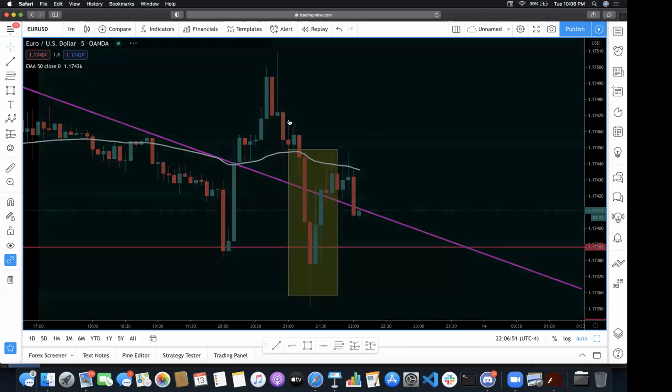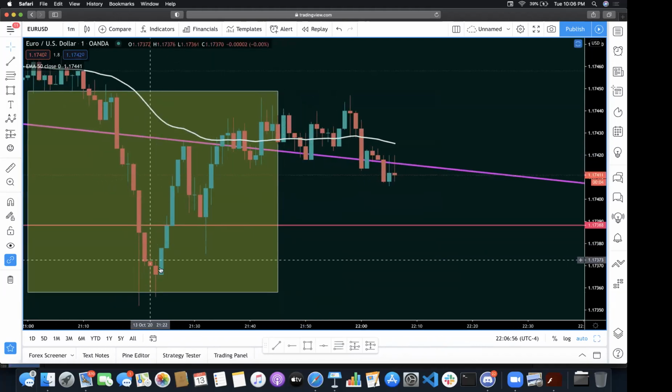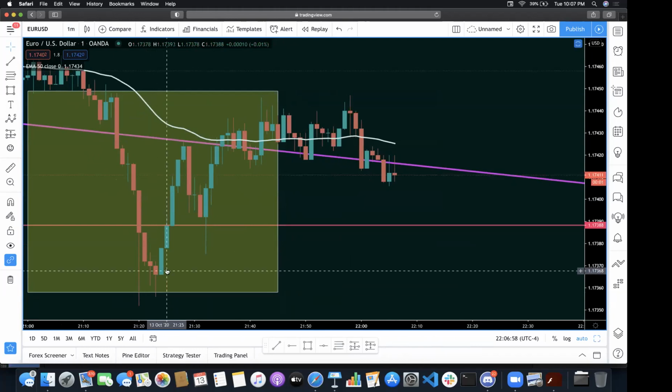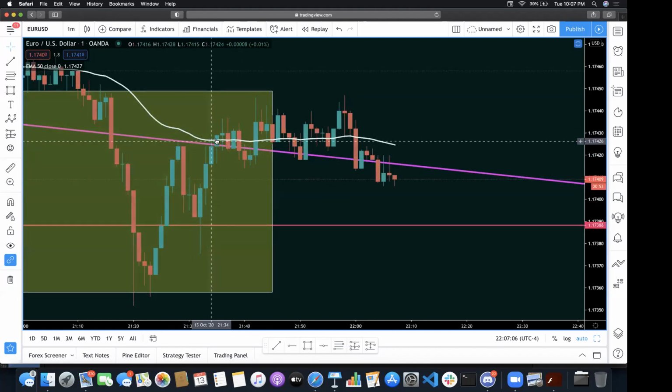I can go down to the 1 minute, see what happens. There's an engulfing on my 1 minute. 3 candle breaker structure right here. Retest to it. Right here is not really a clean breaker structure.